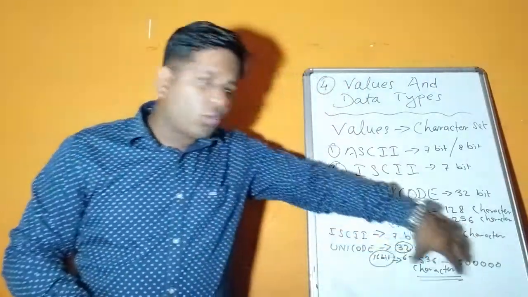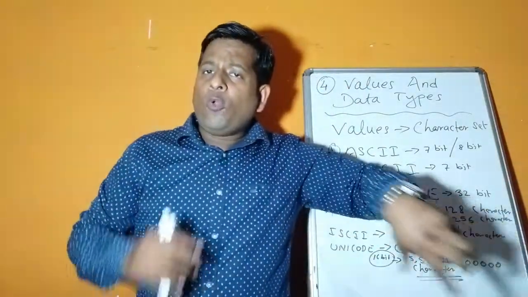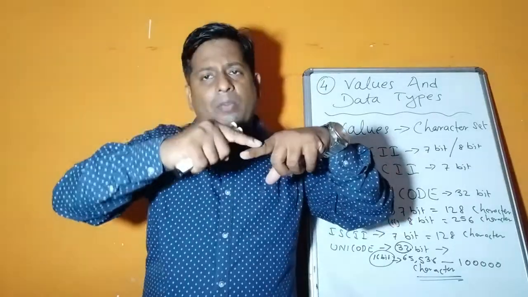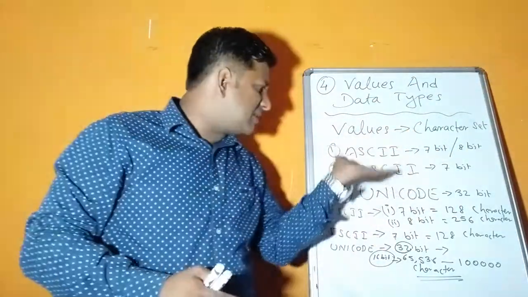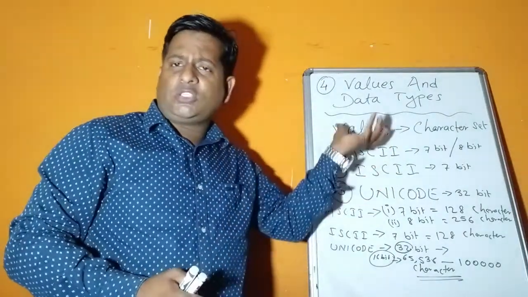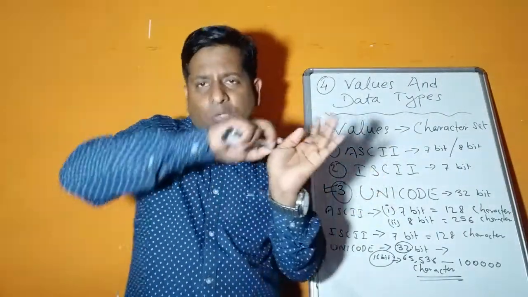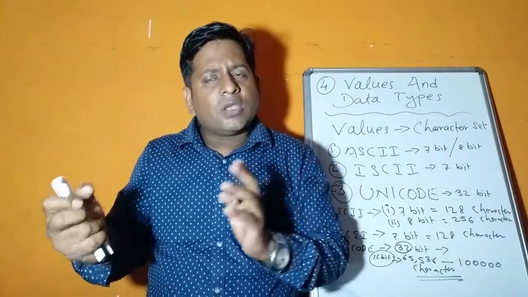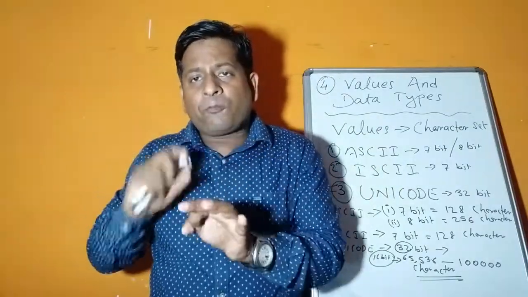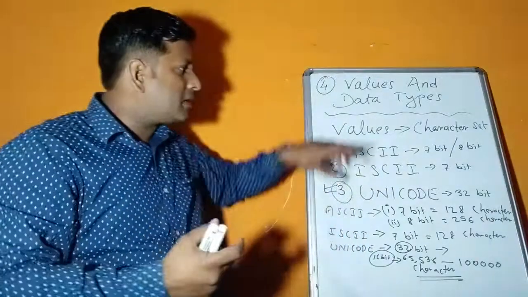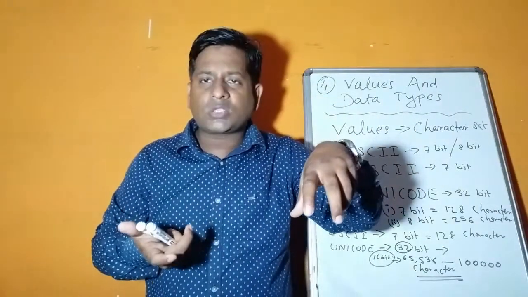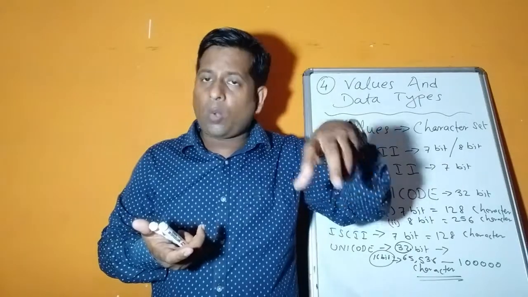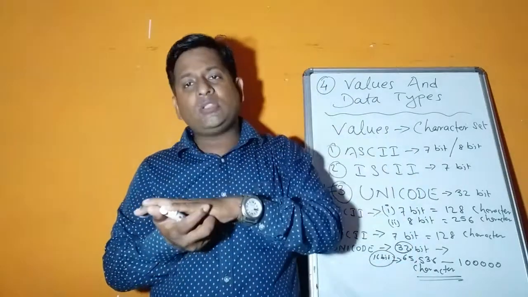So these Unicodes now we'll be learning with Java. That means data types. So when Unicode or ASCII, meaning any character sets or any values, we join with the programming language, at that time this particular feature will be known as data types. That means what kind of value a variable will store.